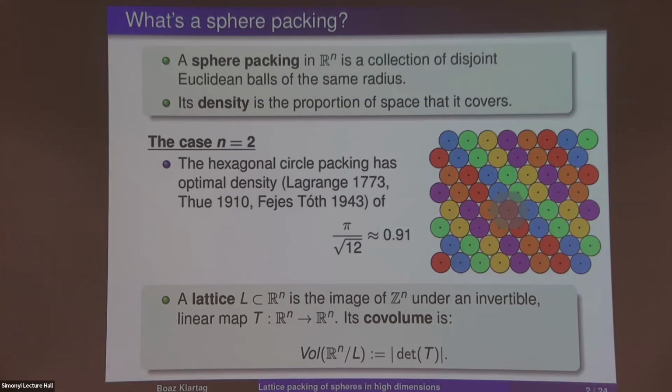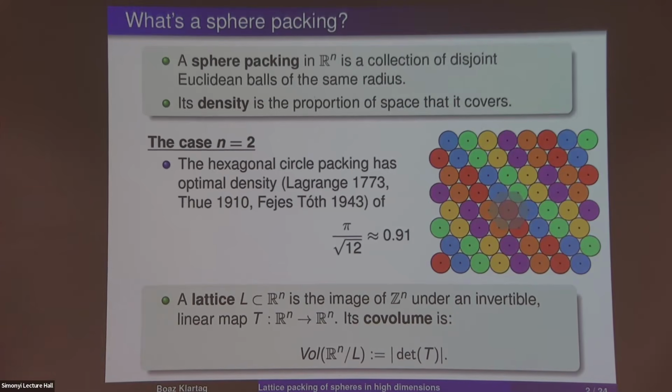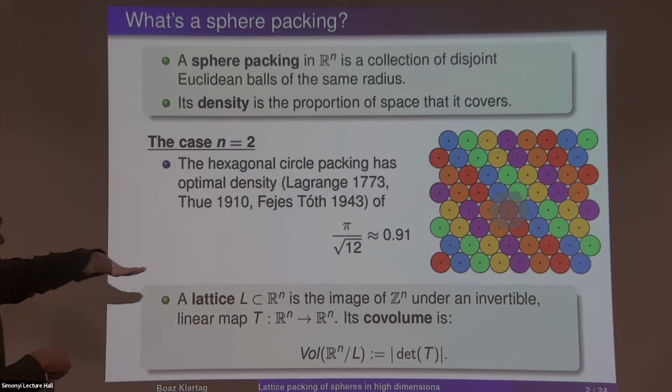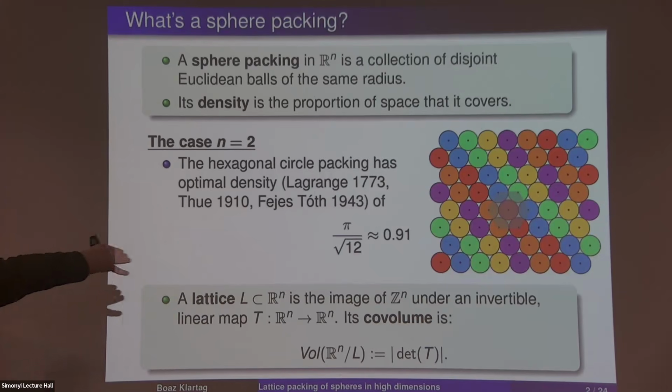A lattice is the image of Z^2, the integer vectors, under a linear map which is invertible. So here we can see that it's actually a lattice. The linear transformation here is probably a shear transformation. So it keeps the x-axis fixed and it moves parallel lines to the right, proportionally to the distance from the x-axis. You can get this lattice.